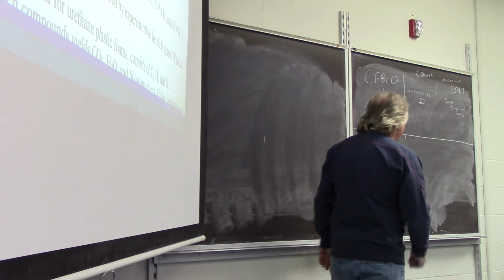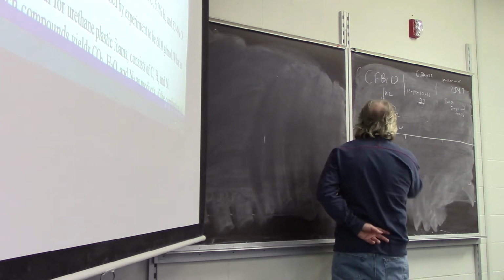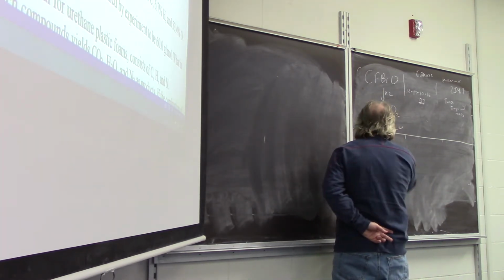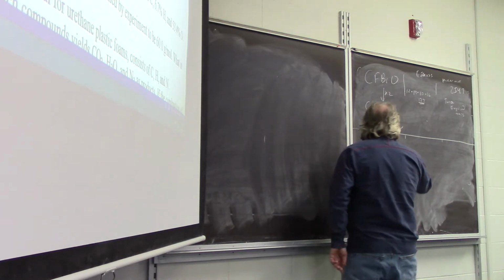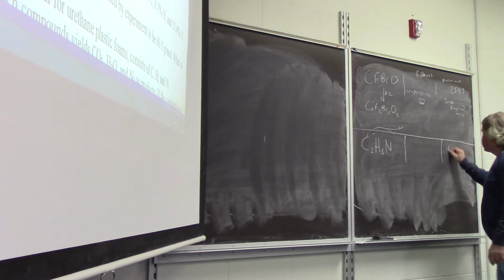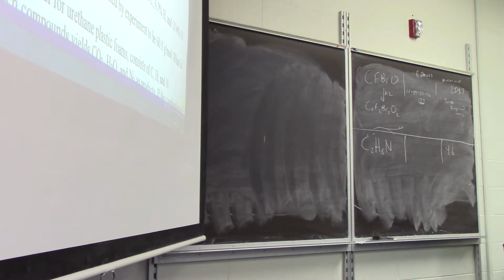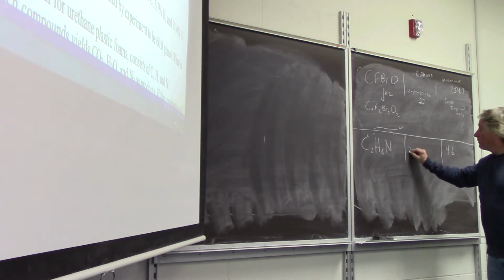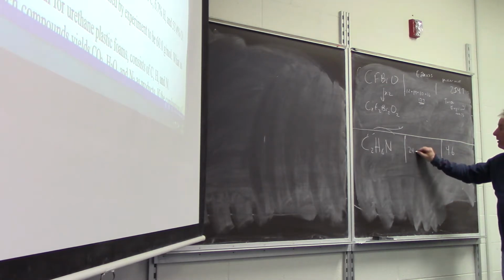All right, number 4. It says the empirical formula is C2H8N, and it weighs 46 grams per mole. So you have 24, 2 times 12, plus 16, plus 14.